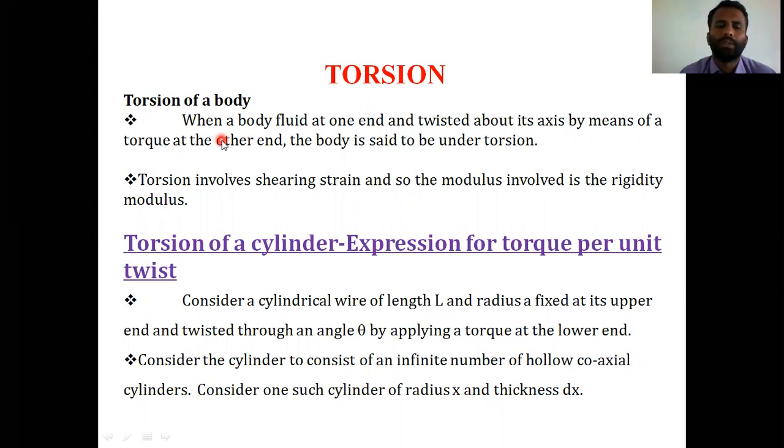Rigidity modulus. In this section we discuss torsion of a cylinder, and the expression for torque per unit twist. Let us consider a cylindrical wire of length L and radius a, fixed at the upper end and twisted through an angle theta by applying a torque at the lower end.